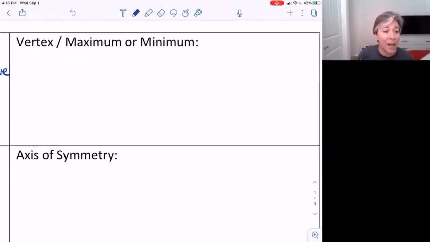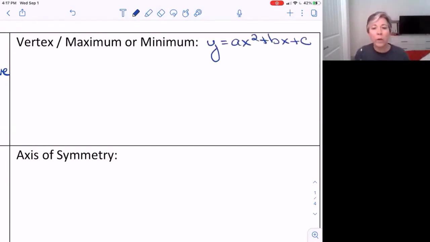So in order to find the vertex, we are going to use the A and the B value to find the x coordinate. Now for the vertex, we usually use H and K instead of X and Y, just to say this is representing our vertex.